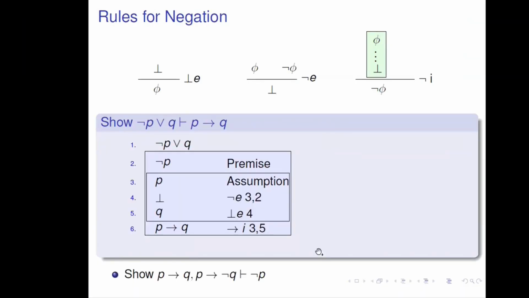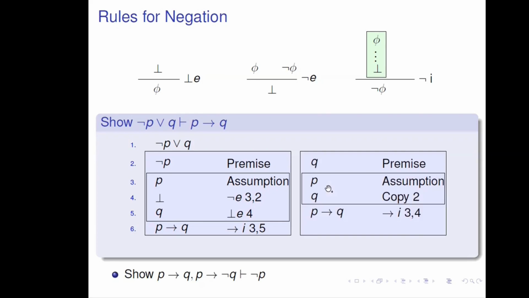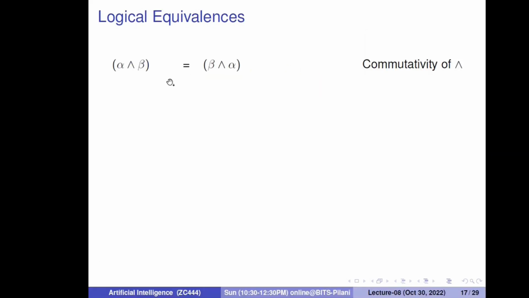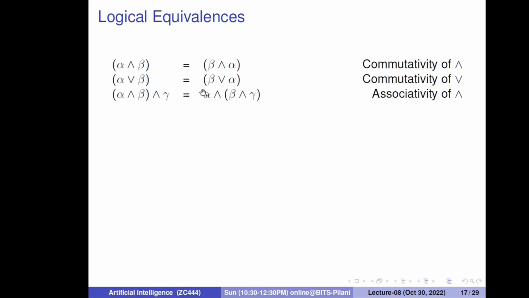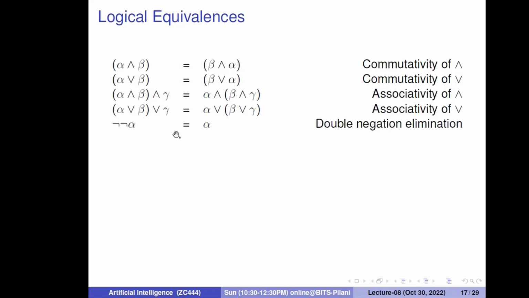Okay, so there is one more question. Try to solve this from your side. For example, alpha and beta is equal to beta and alpha, alpha or beta is equal to beta or alpha, and there is commutativity also. Minus minus alpha is alpha, which is double negation elimination.